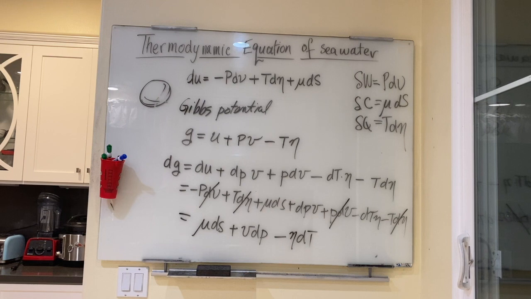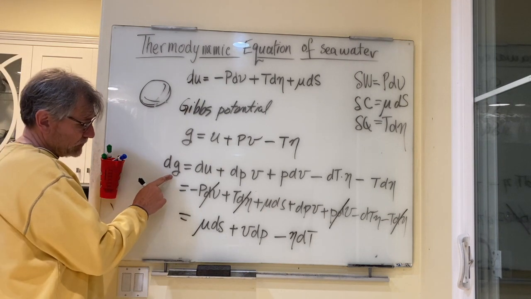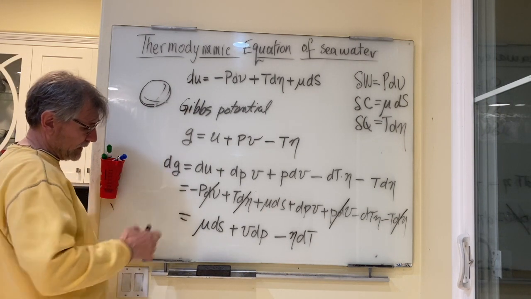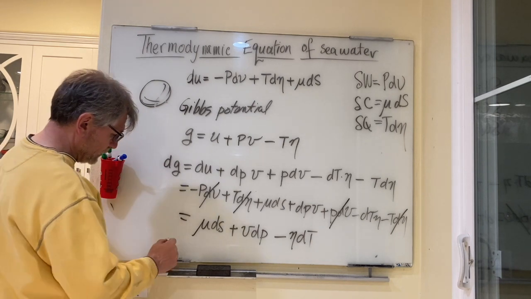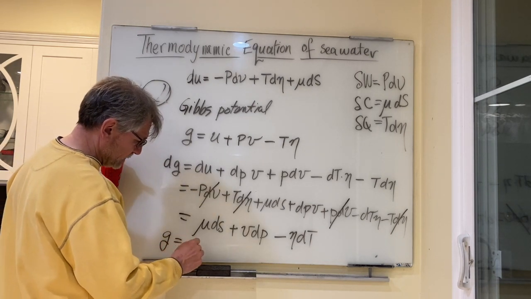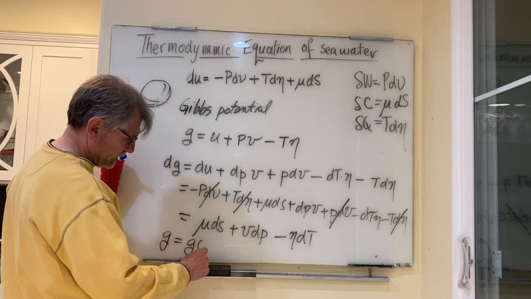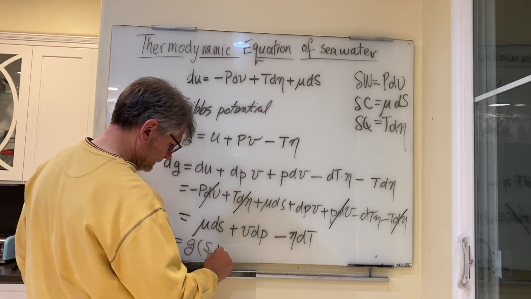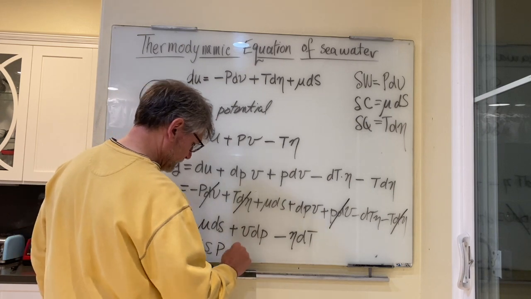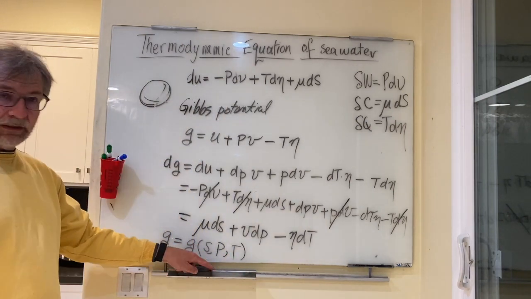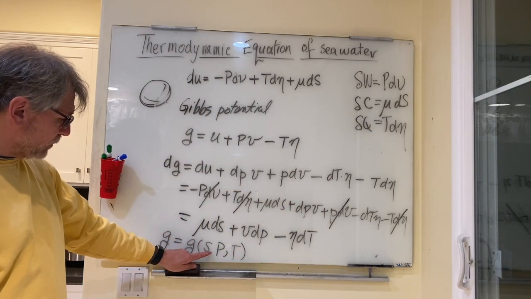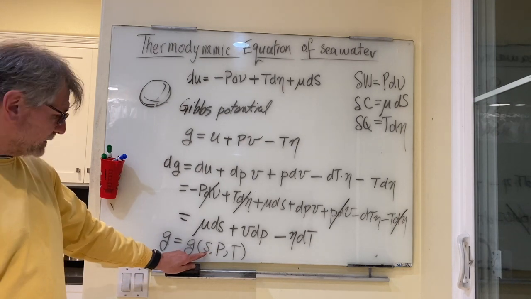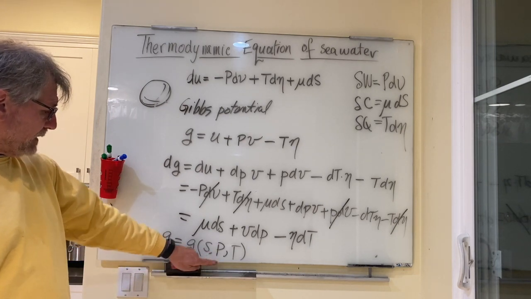So that beautiful thing now is that this new potential, we can integrate it, and if we integrate that, we will get G as a function of the salinity, the pressure, and the temperature. The three variables we wanted for our equation of state for seawater. The salinity we can measure at sea, the pressure we can measure, and the temperature we can measure.